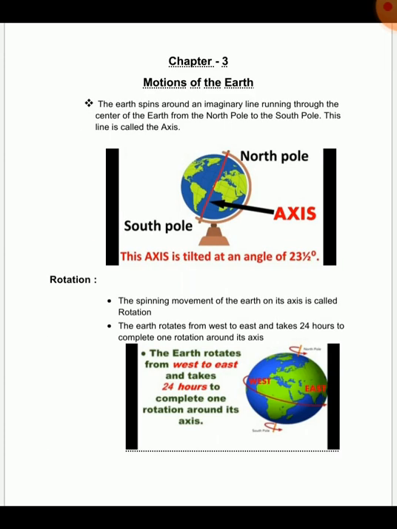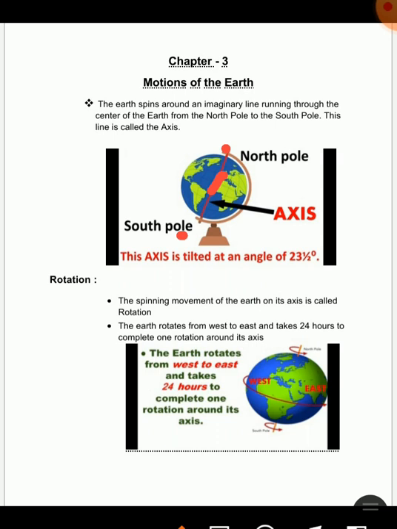So the Earth spins around an imaginary line running through the center of the Earth from the North Pole to the South Pole. This line is called the axis. In the given diagram you can see the North Pole and the South Pole, and this line is the axis. This axis is tilted at an angle of 23 and a half degrees.